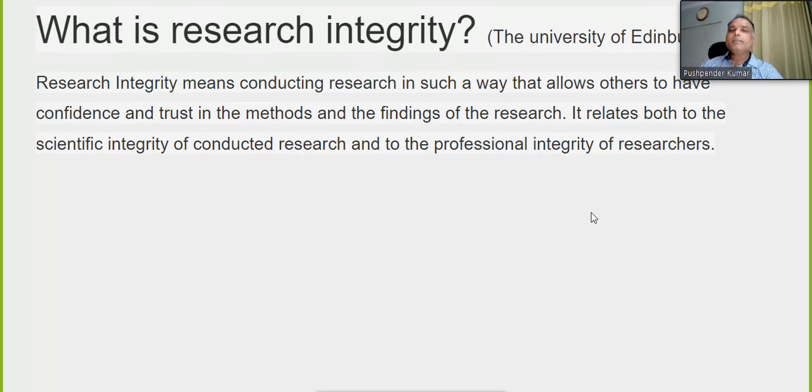Research integrity means conducting research in such a way that allows others to have confidence and trust in the methods and the findings of the research. What is the use of your research if people don't trust you, if they don't trust your research, your output or outcome?